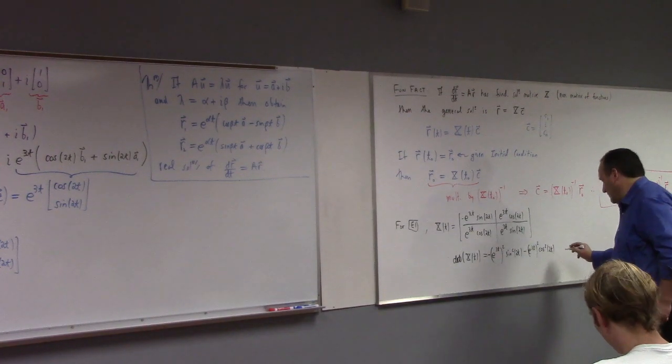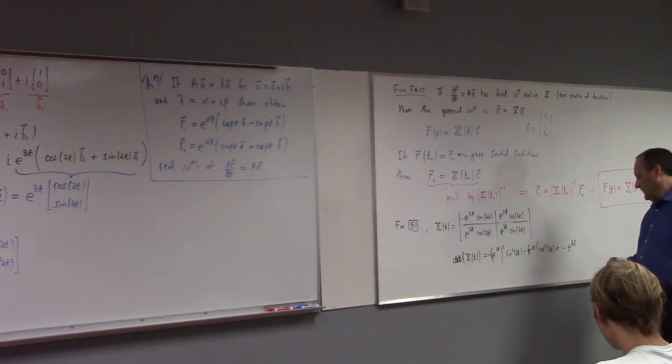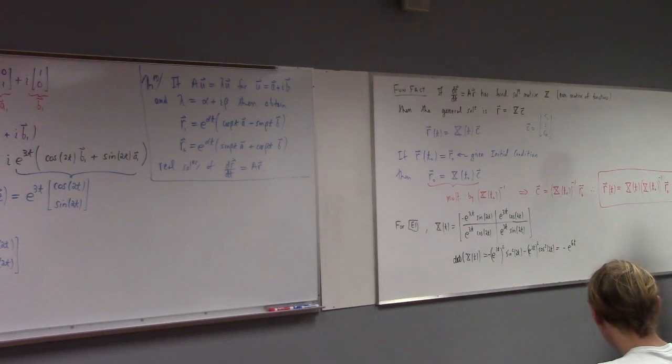So if you work it out, we just get minus e to the 6t as the determinant of the fundamental solution matrix here. Which of course is non-zero, which shows you that the matrix is everywhere invertible, which speaks to the linear independence of the two solutions we found. They genuinely are independent solutions, which is good.